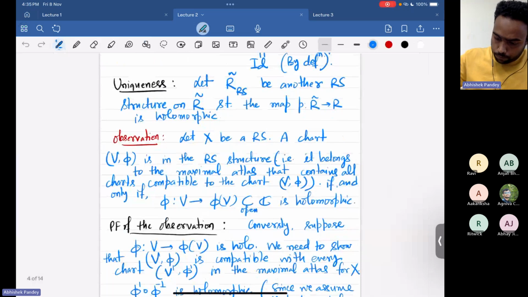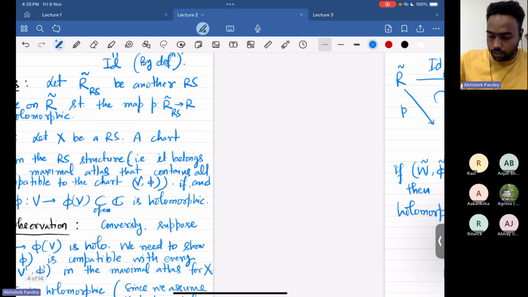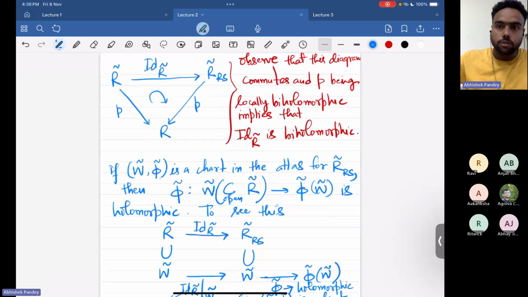The first doubt was regarding the uniqueness of this conformal structure, so that this projection map is holomorphic. I have given the explanation in the updated lecture notes, so one can go through it.